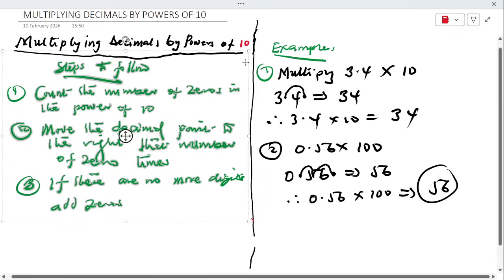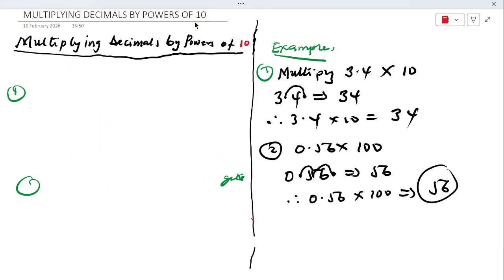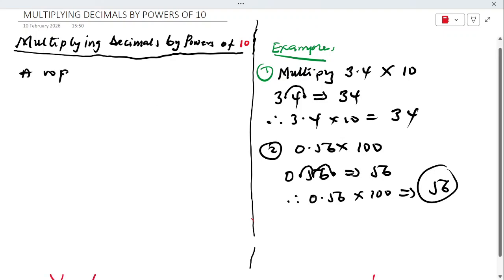An application question. Okay. So we have, it says that a rope is 2.75 meters long.